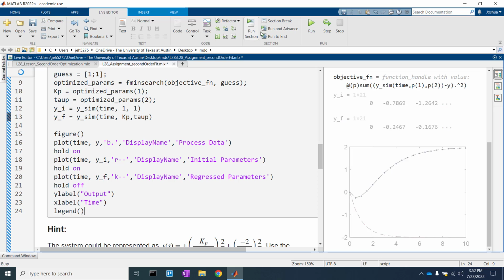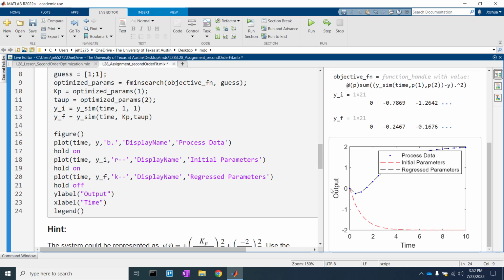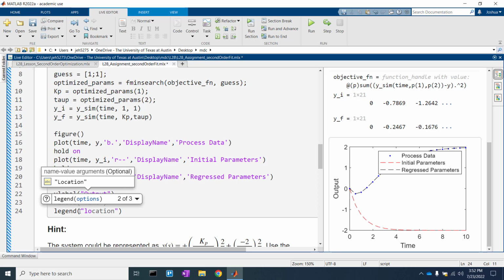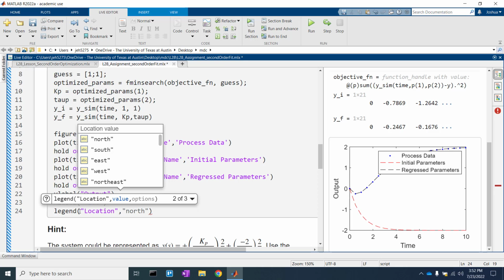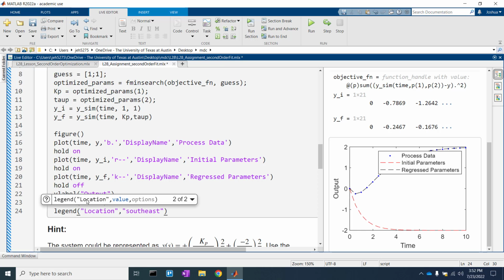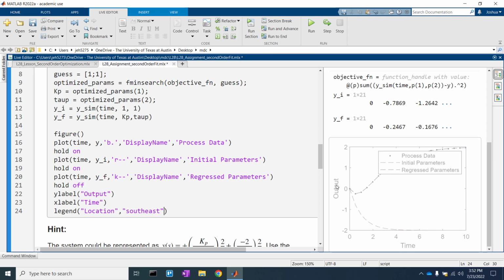Let's run this section one more time. The location we're going to say is southeast, capitalized, so it's out of the way.